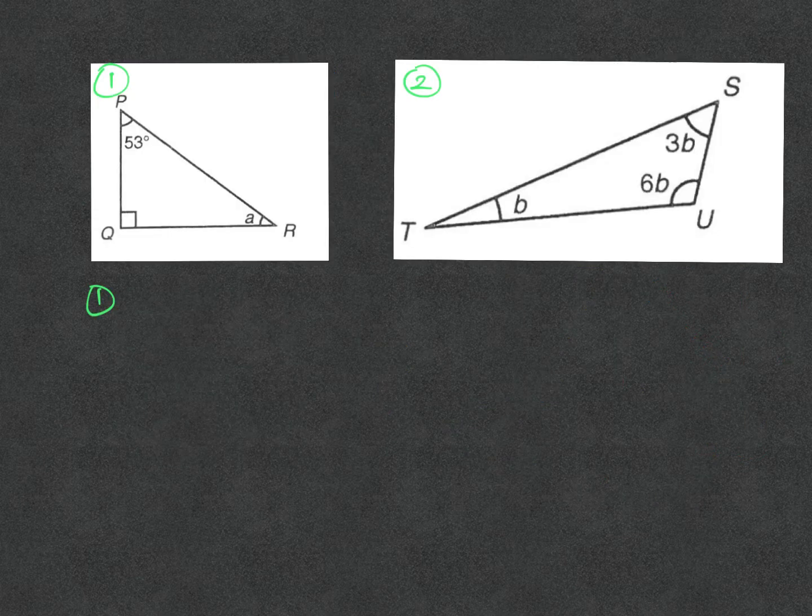Coming to the end of this video, we are going to see some examples to illustrate the idea of angle sum of triangle. The first one, you can see 90 degrees here, so make sure you know the symbol very well. In order to find the angle R, which is using a small letter A over there, we'll write A plus 53 degrees plus 90 degrees.